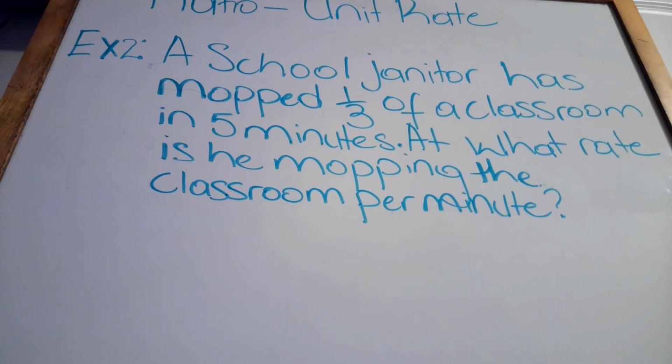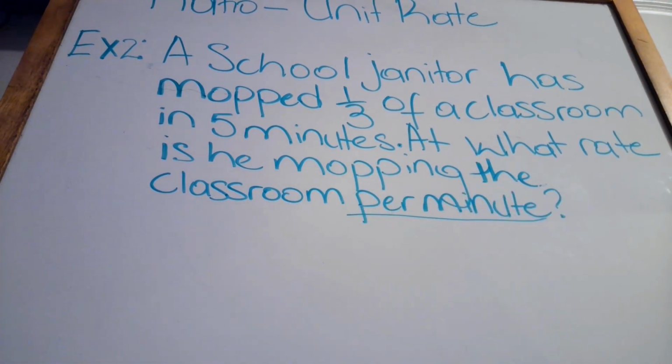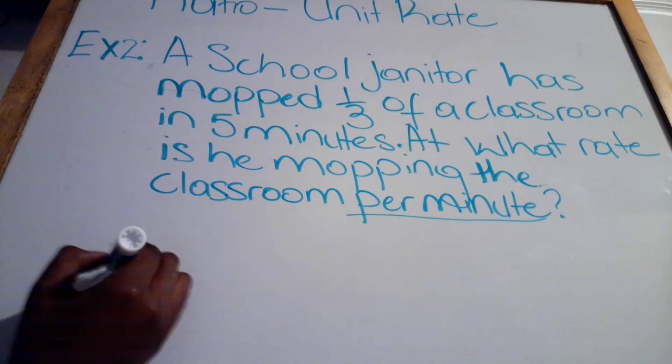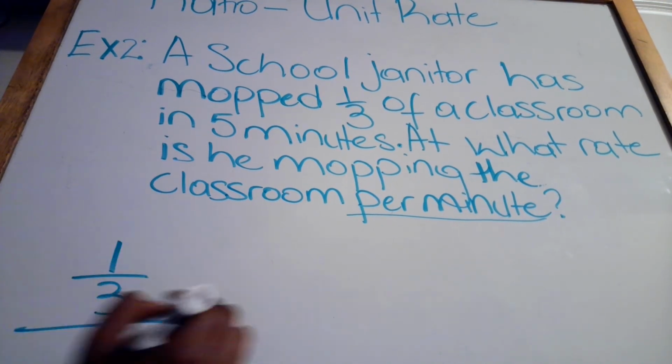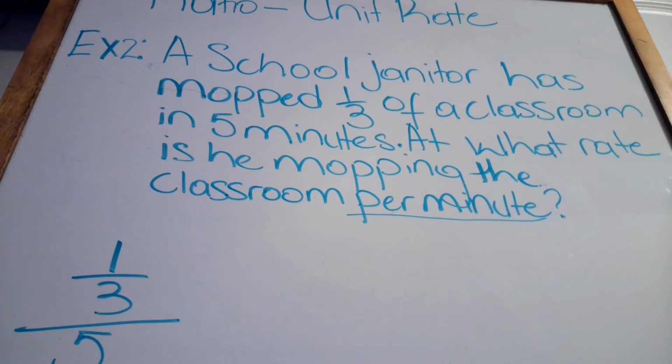Since we want to know per minute, the minutes go in the denominator, because per means 1. So it would be 1/3 over 5.